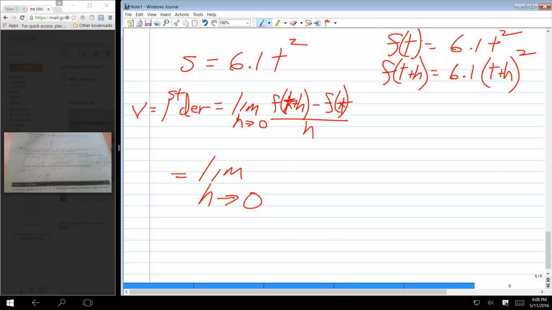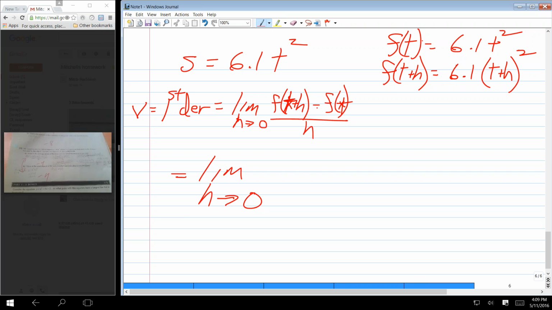The best way is to come up with the velocity function. In other words, let's not plug in our 5 seconds yet until we come up with the answer. Then we'll plug in 5 seconds and we'll know the exact velocity at 5 seconds, or at 3 seconds, or at 7.2 seconds. If you plug in the 5 now, we're only going to come up with the velocity at 5 seconds. It's far more robust to come up with the velocity function.